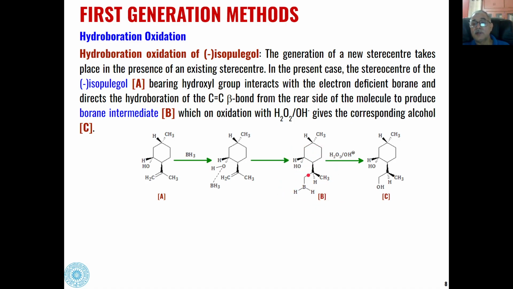And this borane intermediate after oxidation in presence of hydrogen peroxide and the base will be converted into this diastereomeric alcohol. And the reaction again is a stereoselective reaction.